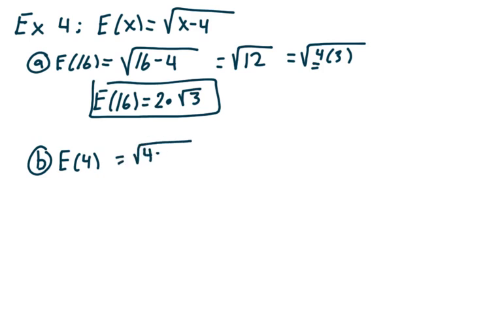That's the square root of 4 minus 4. You must subtract 4 from 4 inside the radical first. So this is the square root of 0, which is equal to 0. And so, therefore, E of 4 is 0.